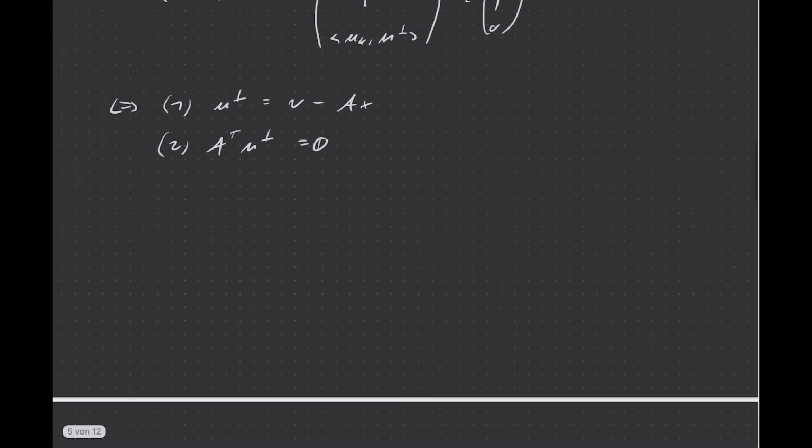Then we can take the u ortho from the first equation and substitute it into the second one. So we get u ortho equals v minus Ax, and the second is then A transposed times (v minus Ax) is the 0 vector.